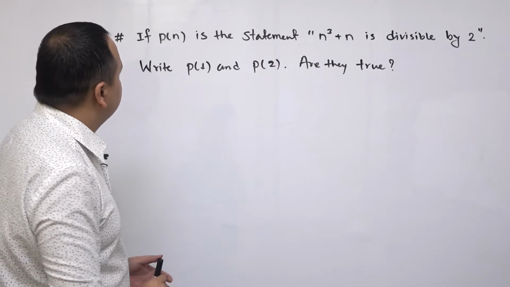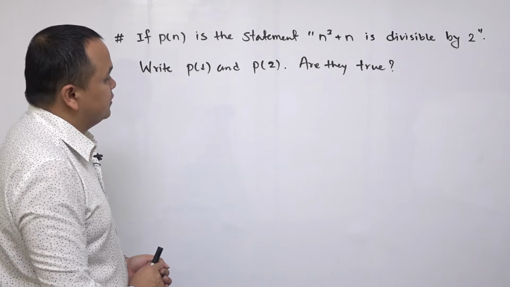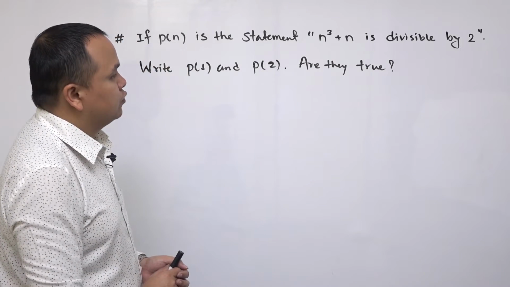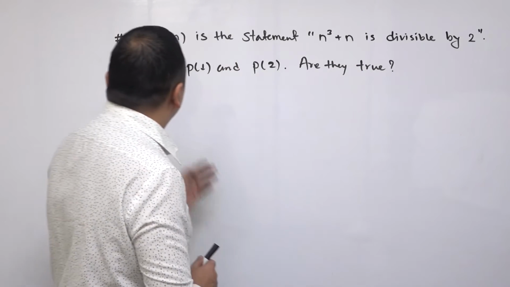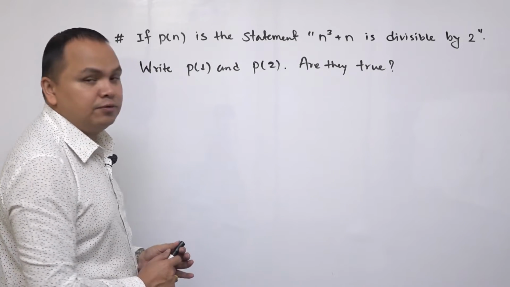Now take one example. If Pn is the mathematical statement n cube plus n is divisible by 2, which is the given statement, write P1 and P2. Are they true?